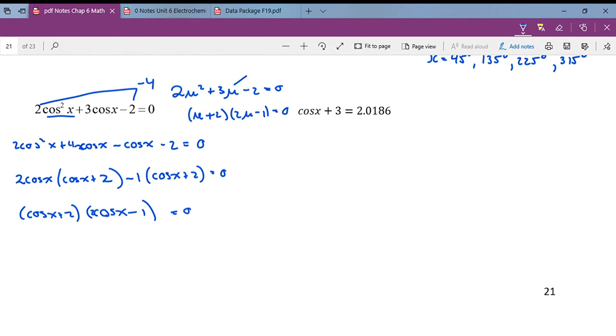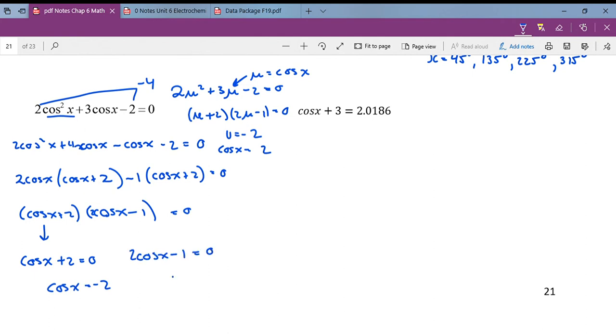And then you would have had to know that the u was your cos x. So when you solve these, u equals -2, you'd replace the u with cos x equals -2. But I'm just going to keep going. I'm going to solve my factors. So the zero factor property: what makes cos x plus 2 equal to 0? When cos x equals -2. And what makes 2 cos x minus 1 equal to 0? When cos x equals 1/2.